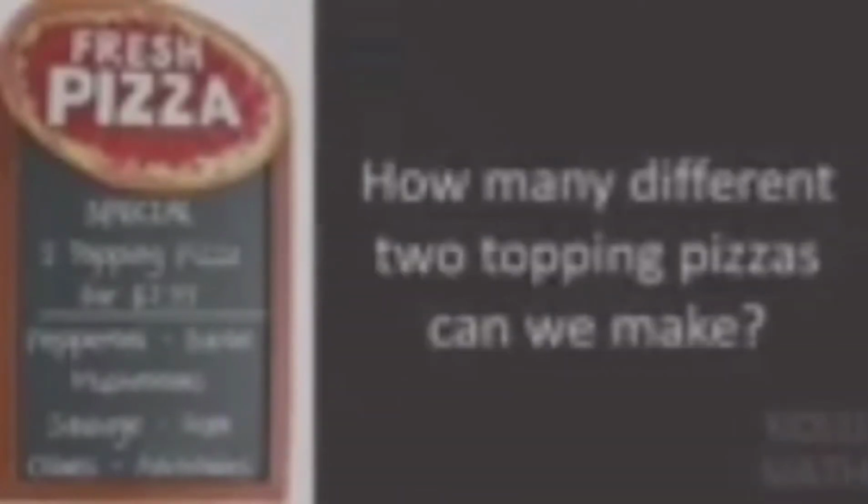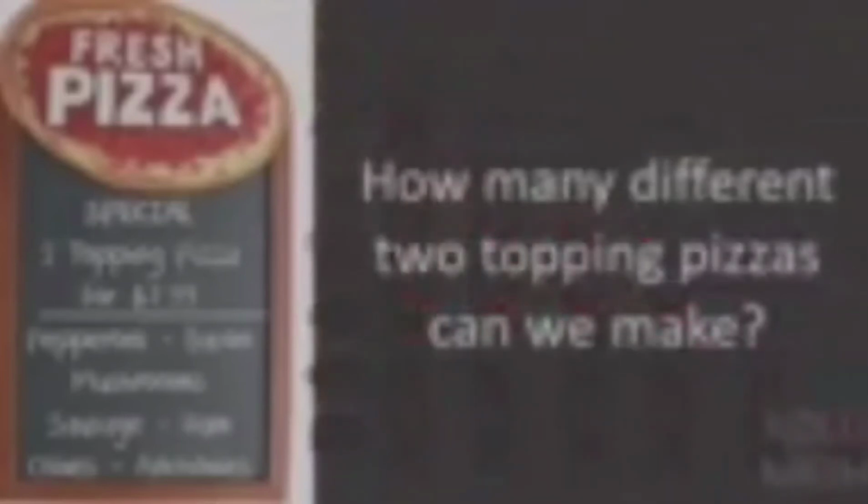Another example. Here we have fresh pizza. You want to know how many different 2-topping pizzas can we make? There are 7 different toppings. We're going to select 2 of them, so that's 7C2. Not going to worry about the numbers right now. Here are the different types of toppings.